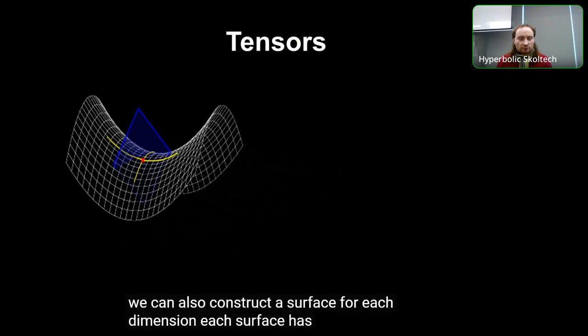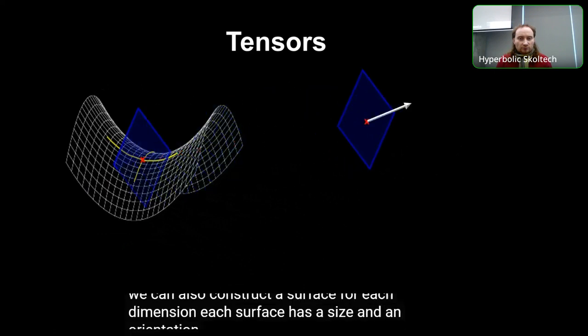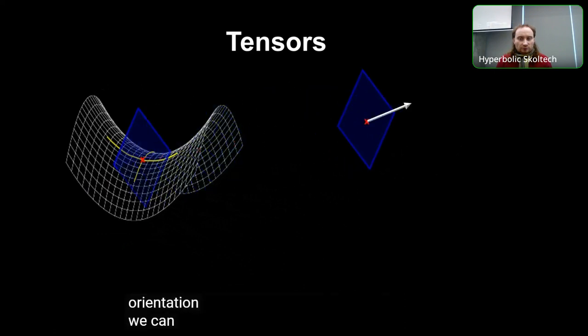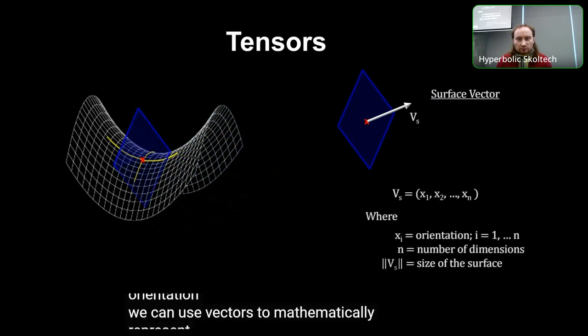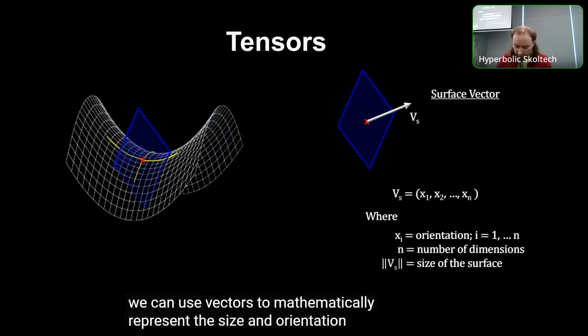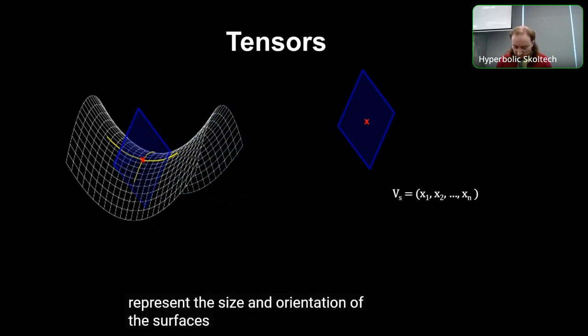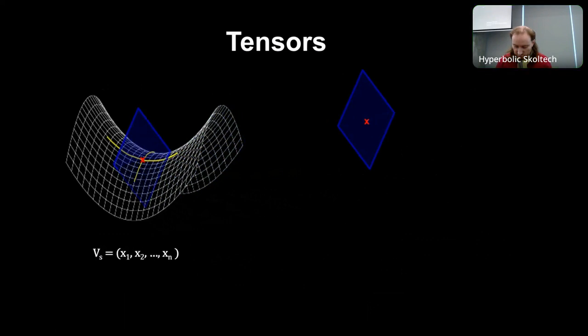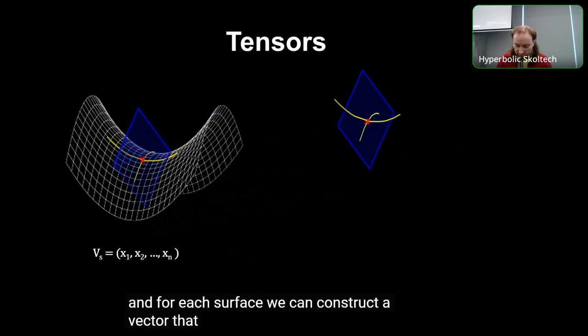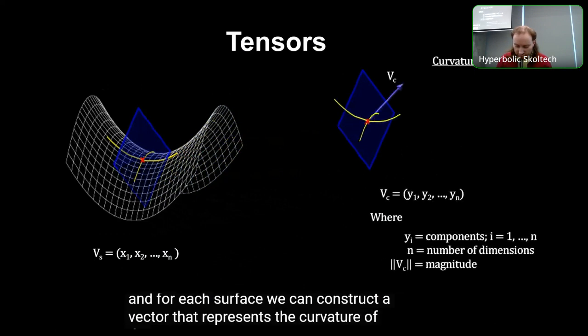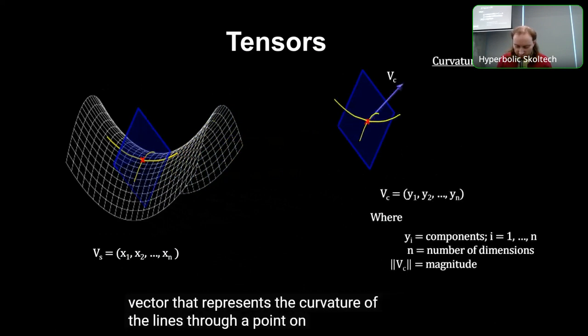Each surface has a size and an orientation. We can use vectors to mathematically represent the size and orientation of the surfaces. And for each surface, we can construct a vector that represents the curvature of the lines through a point on the surface.